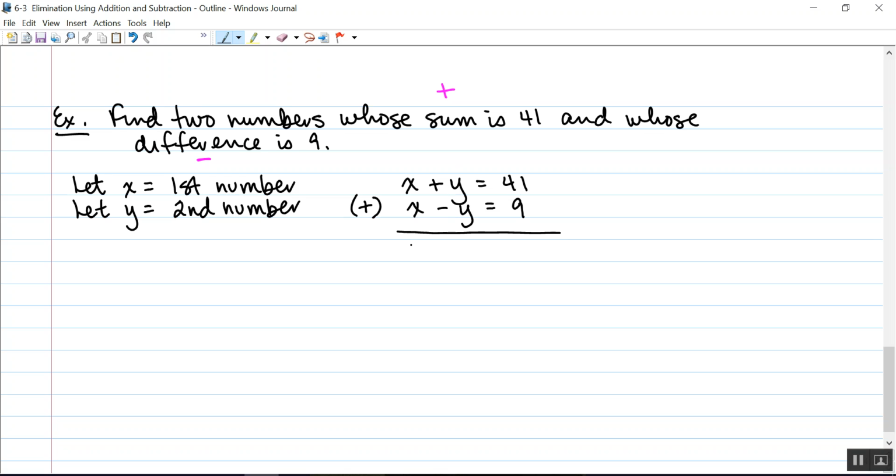So x plus x gives me 2x. My y's are eliminated. 41 plus 9 is 50. Dividing both sides by 2, x is equal to 25. And then substituting that back into either of the original equations, I think I'll go with the first one.